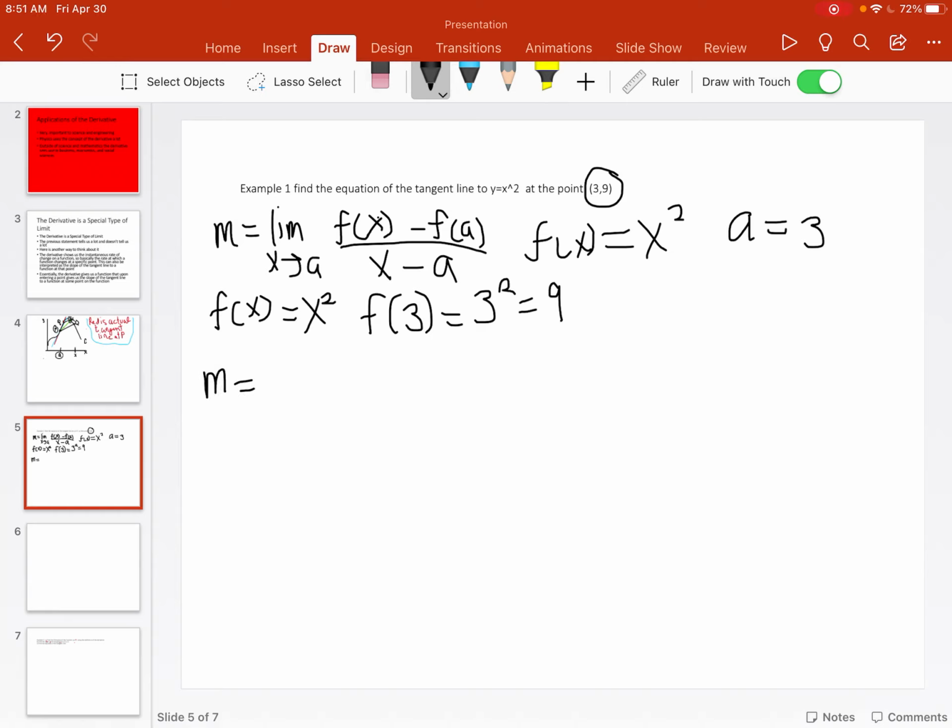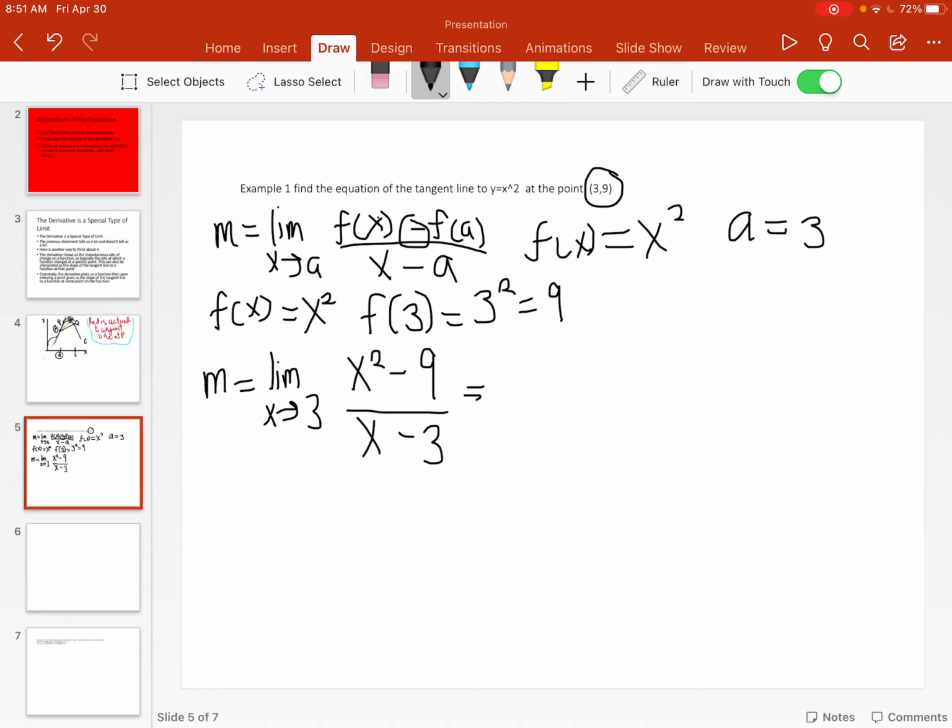Let's write it out. M is equal to the limit as x approaches 3 of x squared minus 9, divided by x minus 3. Now we just solve the limit.